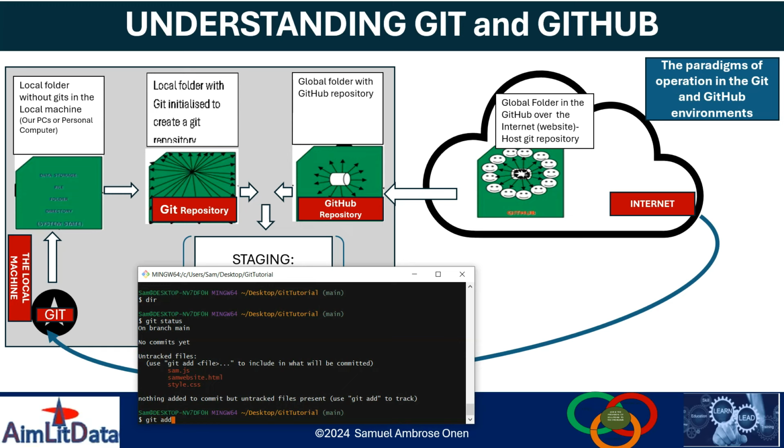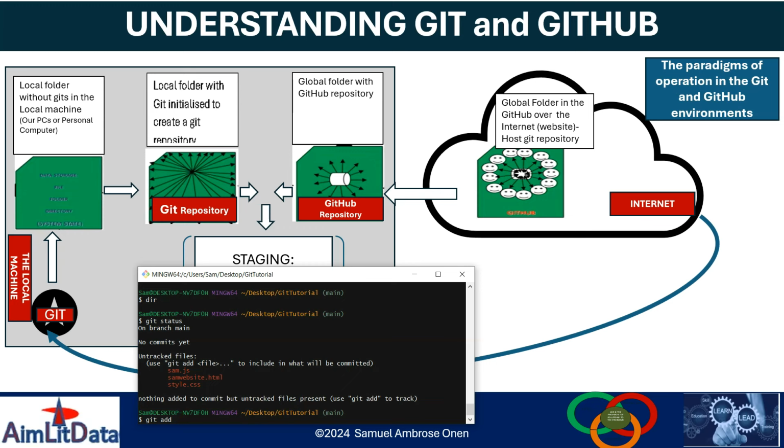Now from here, my friend, if you want to add a specific file, for example, sam.js alone, we can do that. But at the same time, if you want to add all of the files, then we just need to put a dot there, and that will add all the files to the staging mode.